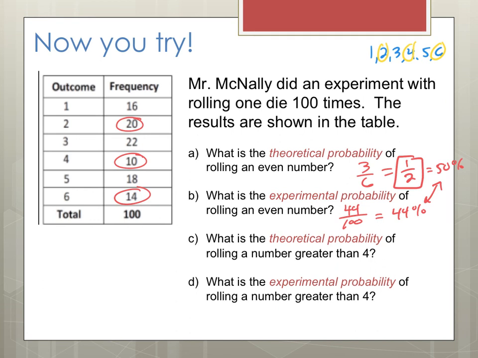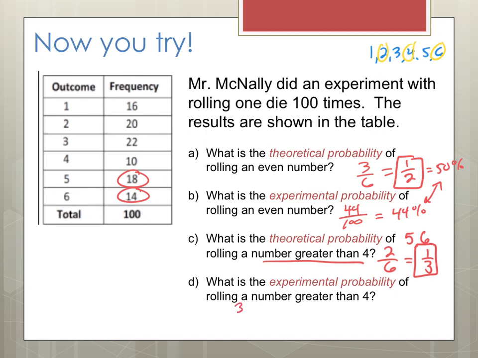So if we take a look at letter C, it says theoretically, what should we get rolling a number greater than 4? Well, greater than 4 would be two outcomes, right? It's got to be a 5 or a 6. So theoretically, 2 out of 6 or a 1/3 chance should be either a 5 or a 6, rolling a number greater than 4. Looking at our experiment, if I circle the numbers that are greater than 4, that's the 5 and the 6, so 18 and 14 times I rolled a 5 or a 6.